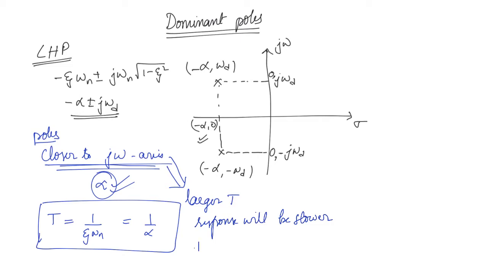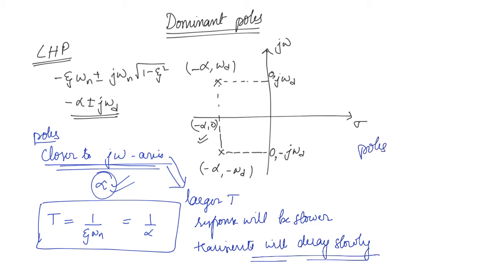The transients will decay slowly. In contrast, if the poles are far away from the j omega axis, then what will happen? The opposite effect will happen. The transients will die out faster.